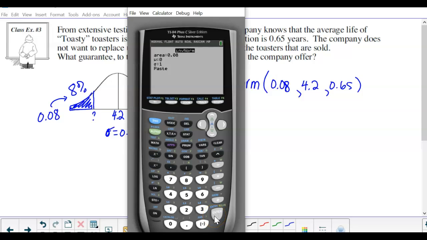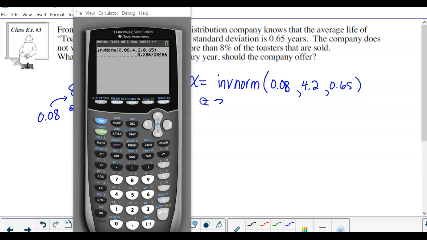And instead of 0, 4.2 is your mean, and 0.65 is your standard deviation. So that's what it's going to look like on all calculators, no matter what. Okay, so our x value is 3.2867 years.